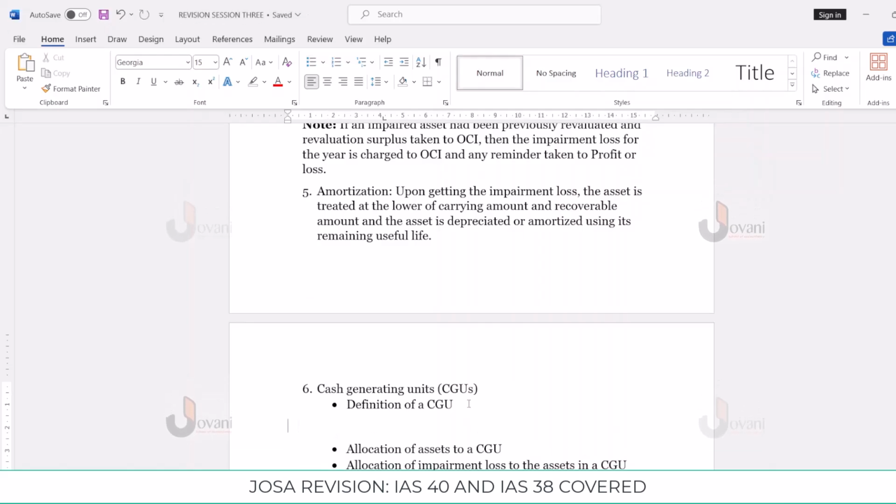What is a CGU? Guys, this is a revision.